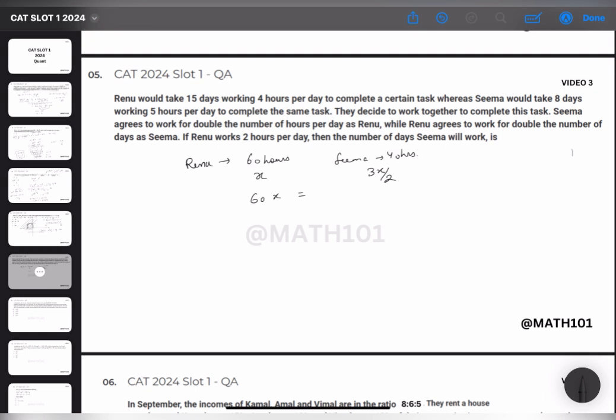which is equal to, now they have decided to work for double, Seema agrees to work for double the number of hours. Renu works 2 hours per day, so 2x, this is the work per hour that Renu and Seema do.